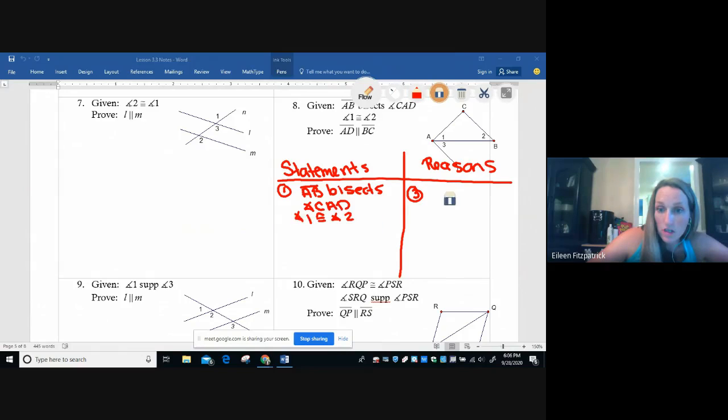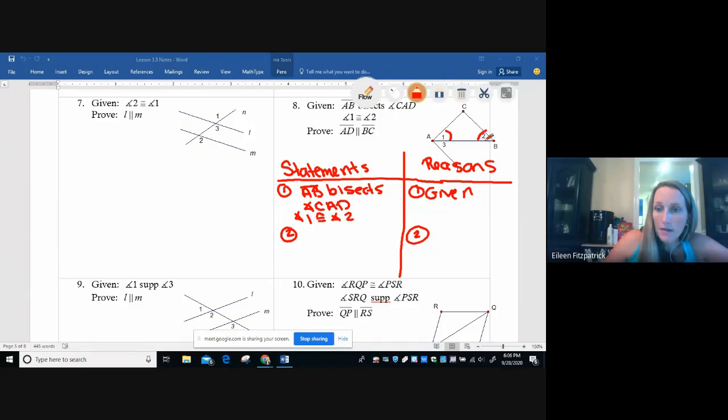Probably because I wrote 1, 2, and then just 3 was the next number in my head. Okay, let's try that again. This is given. All right, so let's mark angle 1 congruent to angle 2 because that's given information. And then let's use the other piece given to come up with another statement.